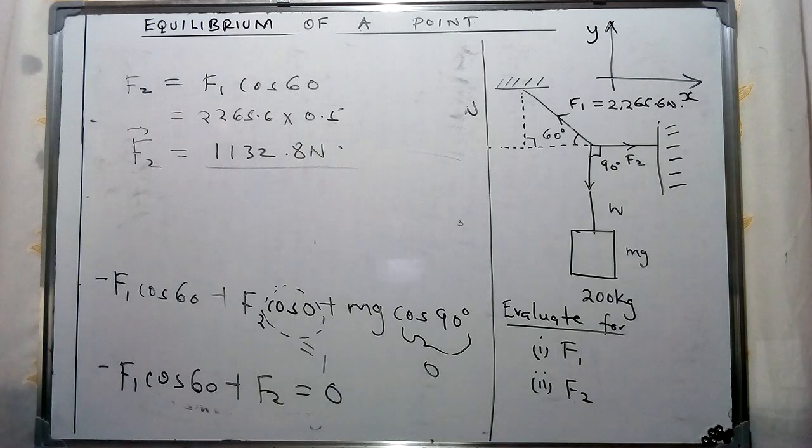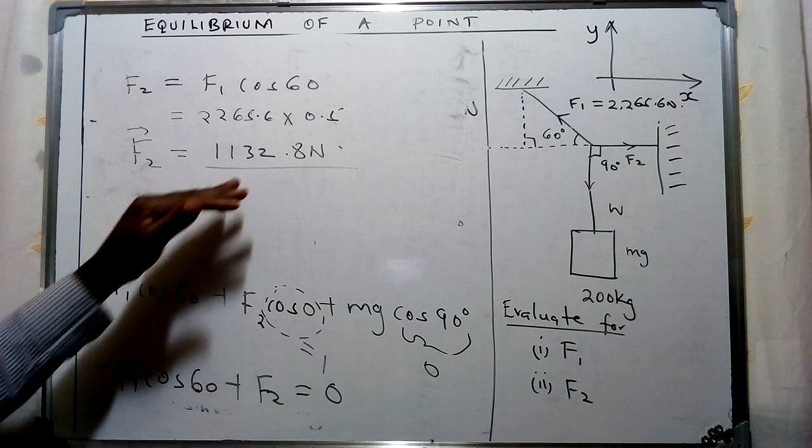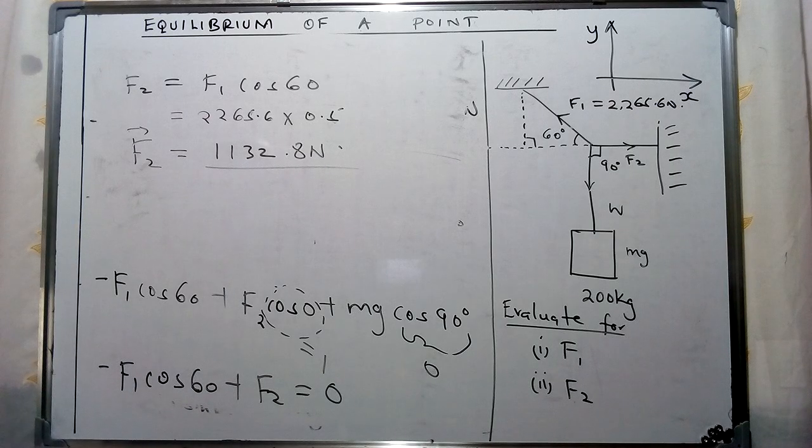So kindly check if that is the case from your end. In case you find a different value from this figure, kindly notify us in the comment section so that we can make necessary adjustments.